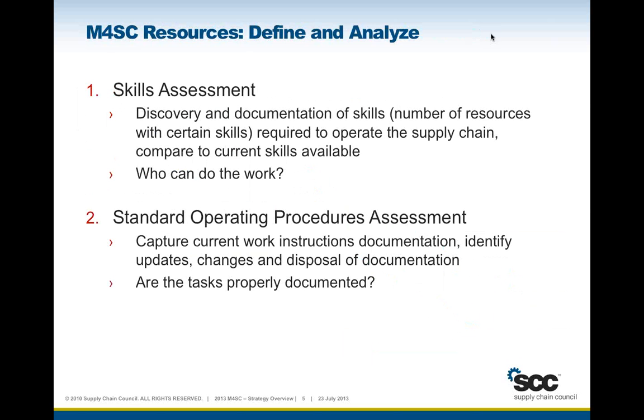So basically, we're trying to identify, who can do the work, what's the type of capabilities that those individuals need to have for us to have a smooth running supply chain. So that's one of the areas.